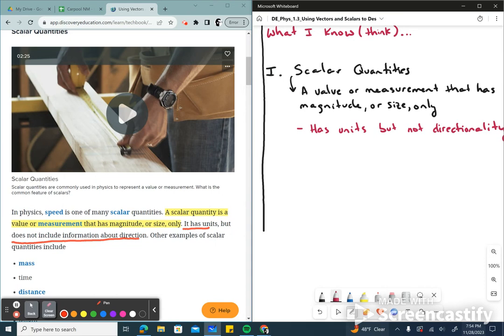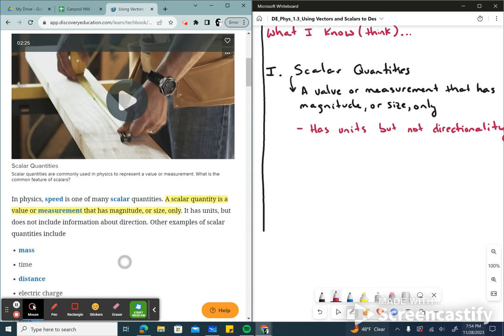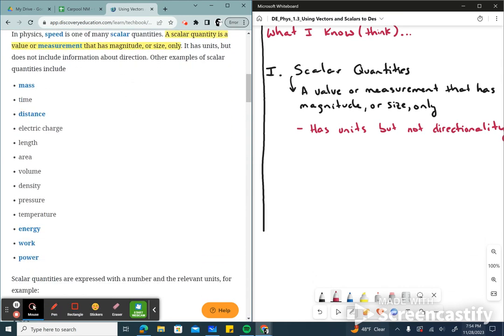Now, if you take a look at some of the examples they provide here, mass is a scalar quantity. We could say that the bowling ball has a mass of 10 kilograms or 2 kilograms or whatever. It doesn't tell us anything about direction. That just tells us the mass of the object. Distance, 12 miles, is purely a quantity, a numerical number, and does not tell you anything about direction.